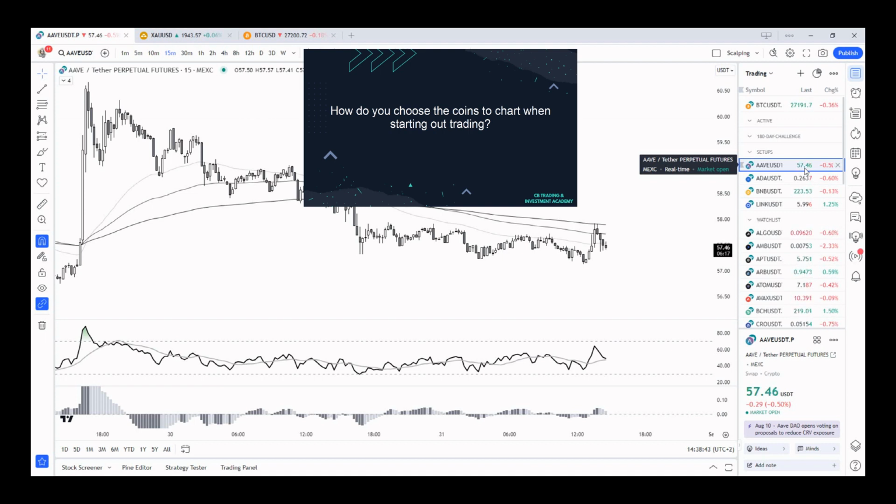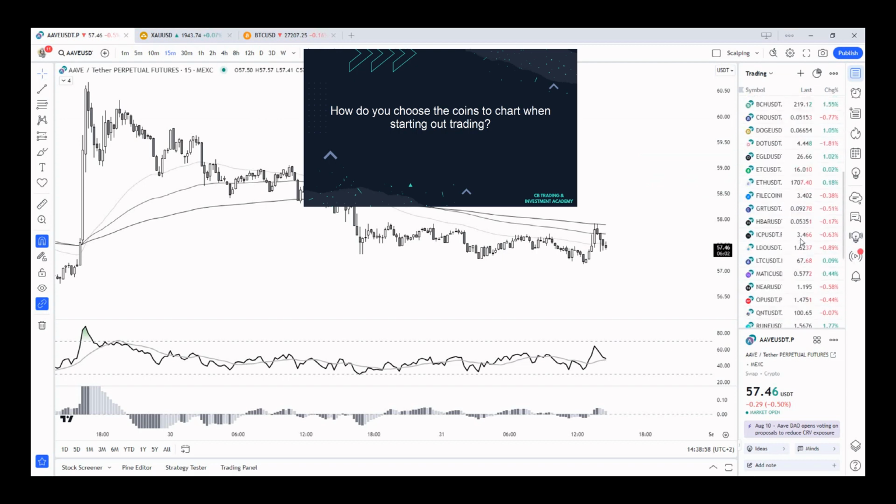So TA will also be less reliable. So when starting out, I would suggest just stick to high cap coins, from Bitcoin up to the top 50 of coin market cap.